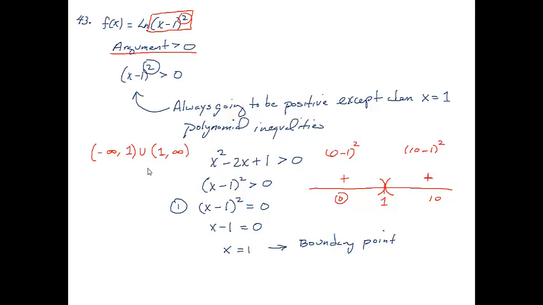If that doesn't make sense to you logically, then you must work out the polynomial inequalities that we learned from before. And x equal to 1 becomes a boundary point, and then you test values to the left and to the right, and you'll see it's always positive except when x is 1. So it's not included in your domain.